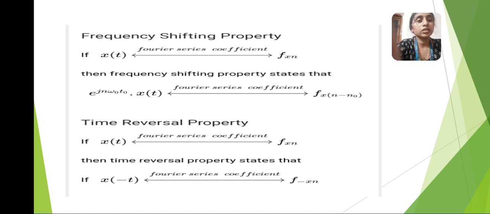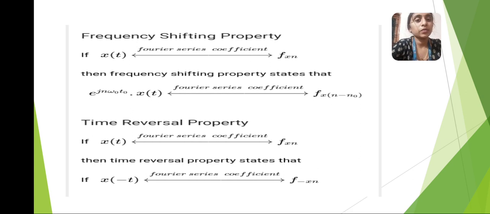This is the frequency shifting property. Time reversal property: x of minus t gives rise to the coefficient at minus n.